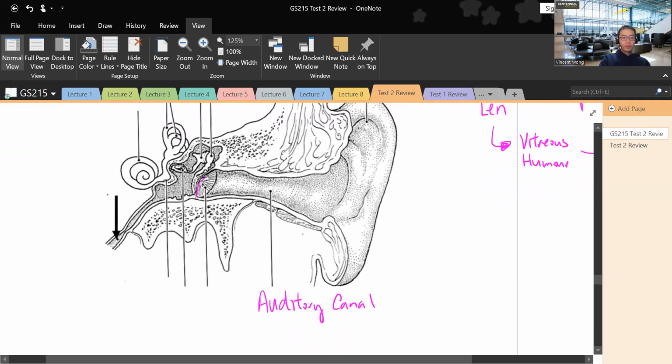Over here, that would be the tympanic membrane, which converts sound energy into movement.